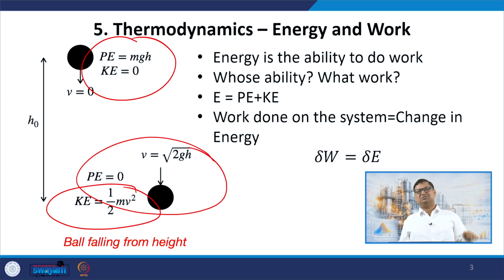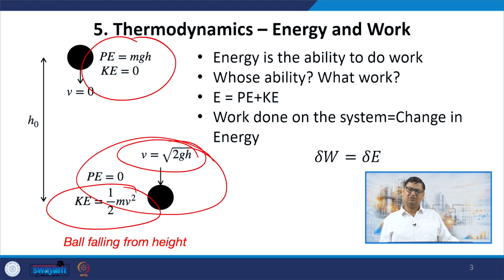Potential energy came down, kinetic energy went up. And in fact, the same argument more or less we used when we used the Bernoulli equation in the previous example, and we established that the velocity is under root 2gh. Different context, but the Bernoulli equation essentially is again the energy conservation equation.